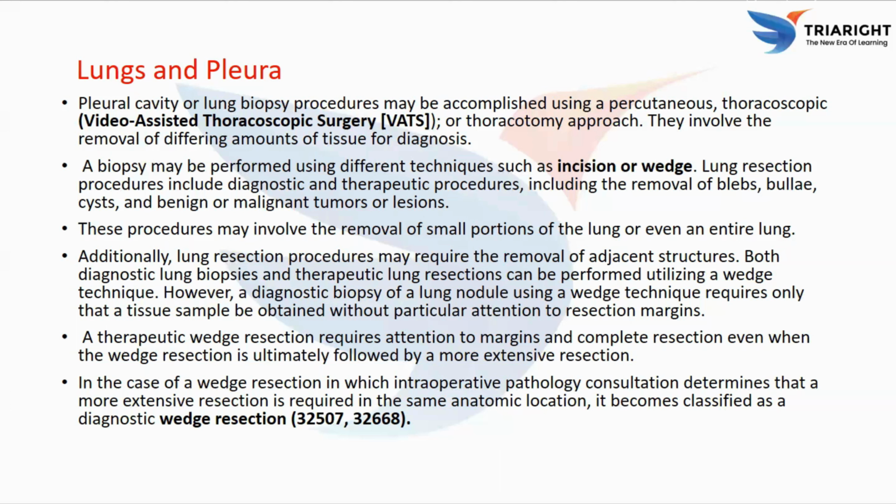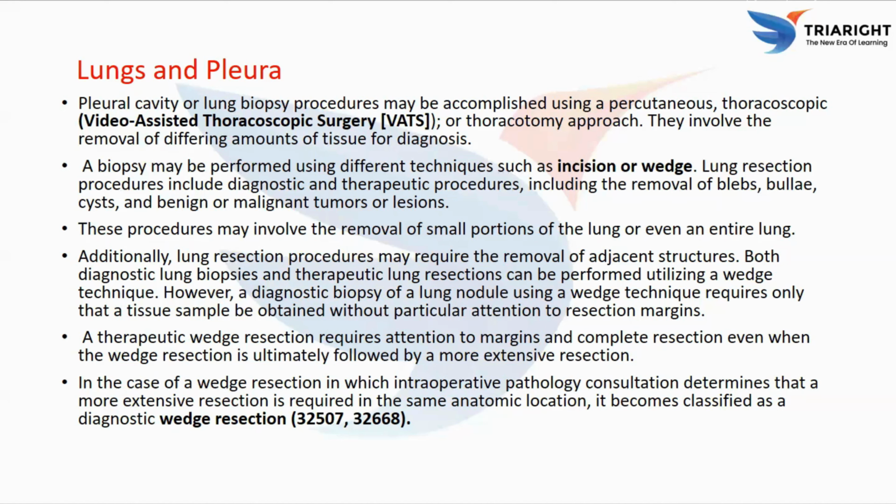Diagnostic wedge resection is done to obtain the tissue. Margins are not the focus. If further surgery is needed, it remains diagnostic. Whereas therapeutic wedge resection is done to treat the disease. It requires clear margins and complete excision. So even if followed later by a larger resection, it is still considered therapeutic if margins were addressed.